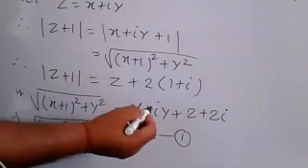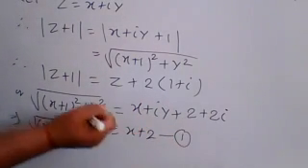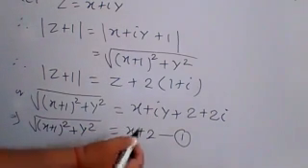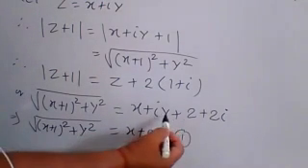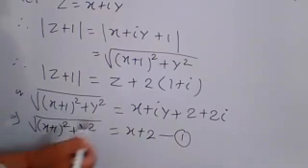And for the second relation, if you compare its imaginary part, your imaginary part is y plus 2, and here you have no imaginary part on the left side.